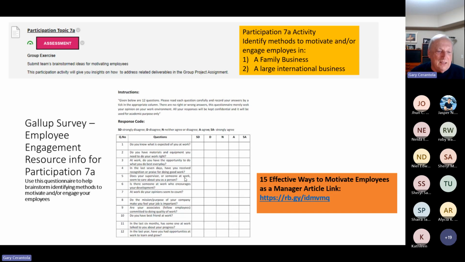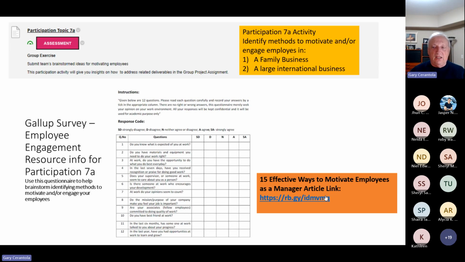Well, that would tell me that one of the things is to show, as a management leader in your organization, that you have empathy and that you care about people and how they're treated, and what impacts them. So this is just to help you answer these questions, okay? And then I added this reference, and here's the link: 15 effective ways to motivate employees, just to give you some more ideas around that.